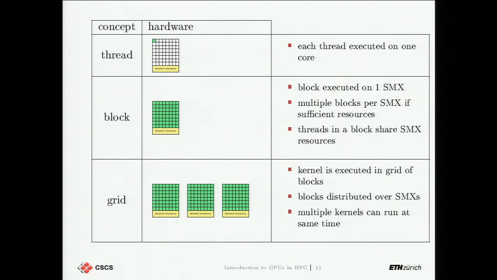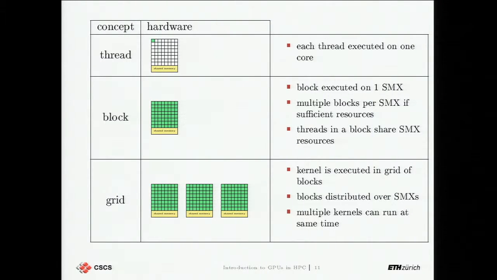Depending on how much shared memory your kernel uses, if your kernel uses lots of shared memory, then you might only be able to fit one thread block on an SMX. But if it doesn't use any shared memory, then you might be able to fit more onto the SMX. Shared memory isn't the only resource. There's also the register file and other resources that are shared. But this gets looked after for you automatically.